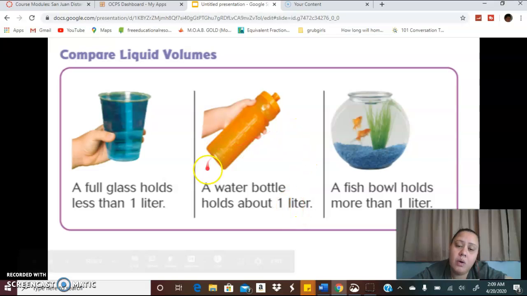You want to use the water bottle as your reference point as to what is 1 liter. After my video, I put a really good Khan Academy video that gives you plenty of examples on milliliter and liter, just to give you a reference point on what's 1 liter and what's a milliliter in terms of amounts. So you want to make sure you watch that video.